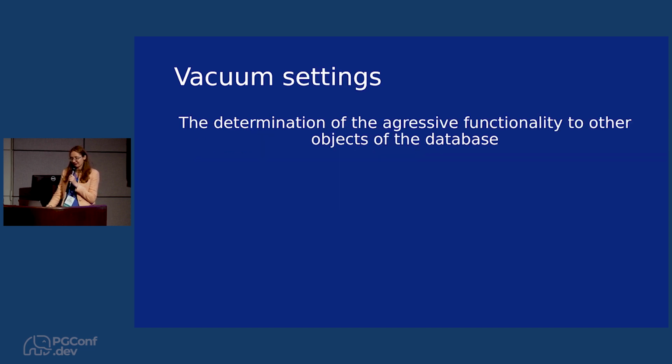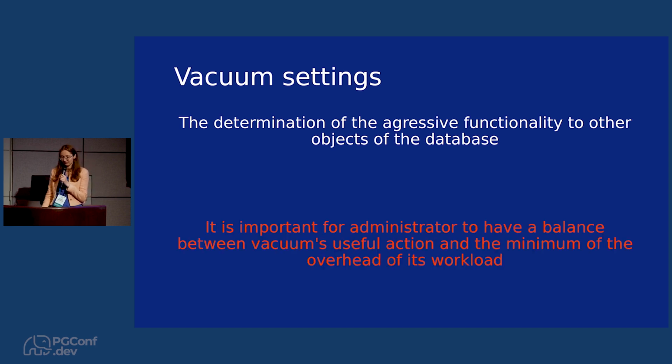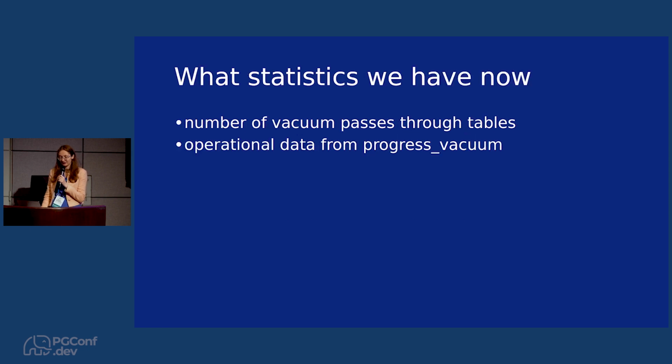And we have some settings for vacuum, and they help us to determine the aggressiveness of its functionality for objects of the database, and it is important for the administrator to have a balance between vacuum's useful actions and the minimum overhead of its workload.